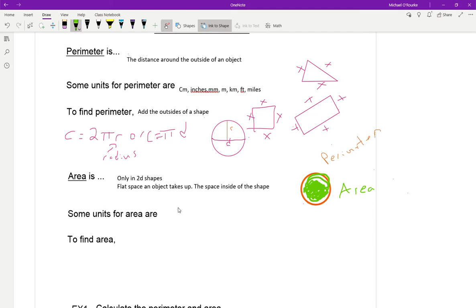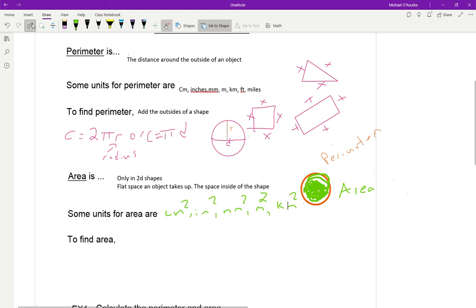Some units for area are the same units as perimeter, but they're just squared. So centimeters squared, inches squared, millimeters squared, meters squared. Those are little twos I'm putting on top. Kilometers squared, and so on and so forth.